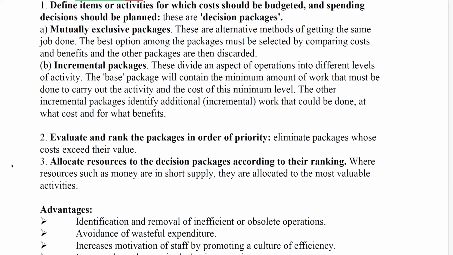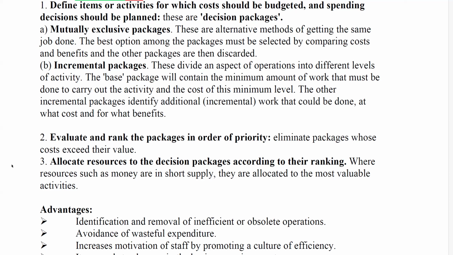So just like you did for limiting factor decisions, you now allocate, right? Okay, this one, let's say we have 50,000 available, but everything there is worth 80,000. We look at the ones which are highest in ranking, so that we can deal with these ones, and the less important ones, we will deal with them later when we have the funds, or not deal with them or eradicate them completely.